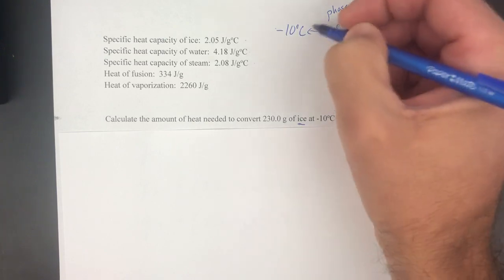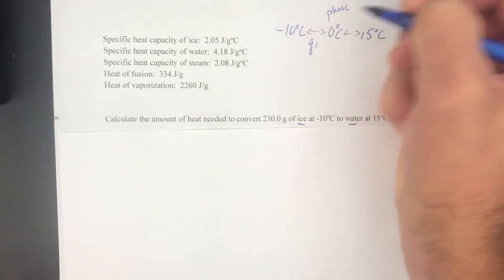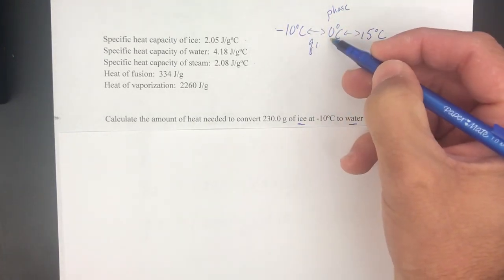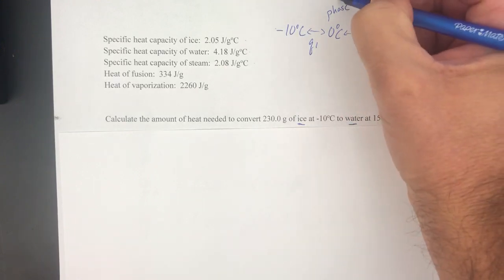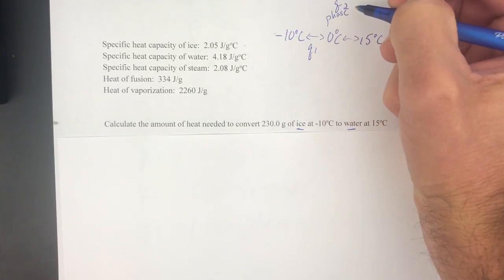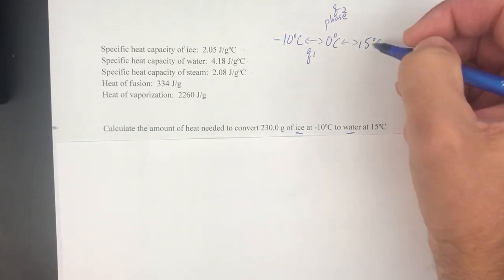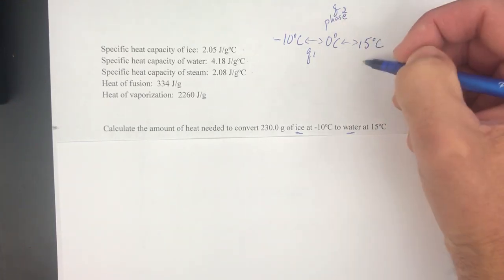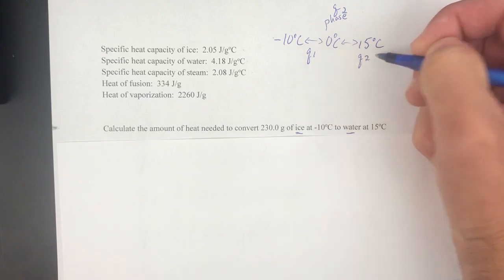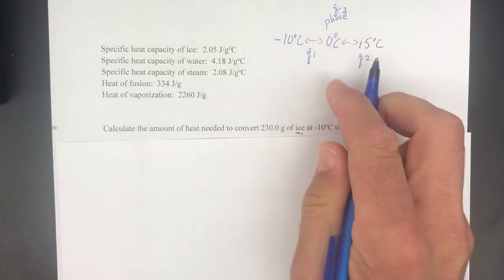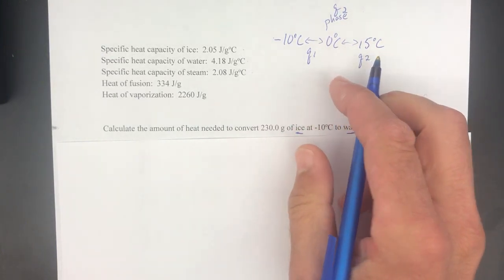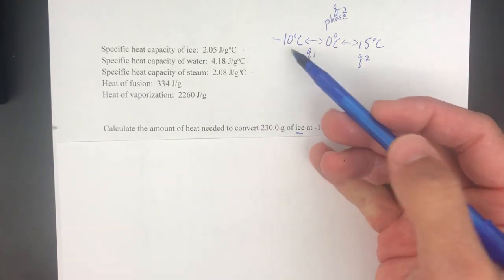So I'm going to have one Q for the temperature change between negative 10 and 0 degrees Celsius, one Q for the phase change, and one Q for the temperature change between 0 and 15 degrees Celsius. I'll go in that order.